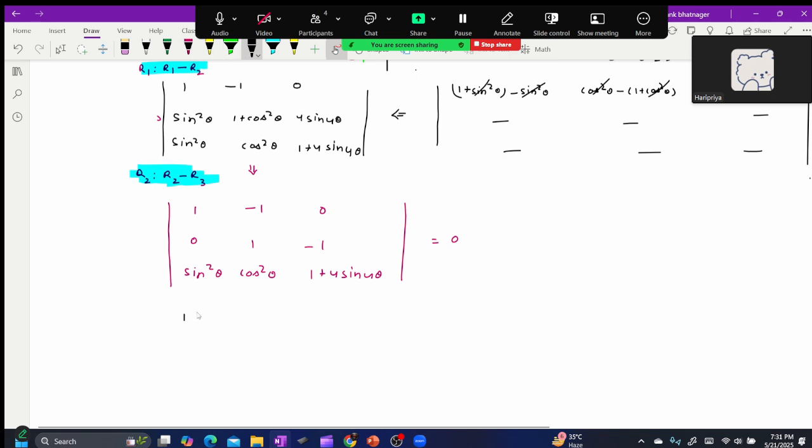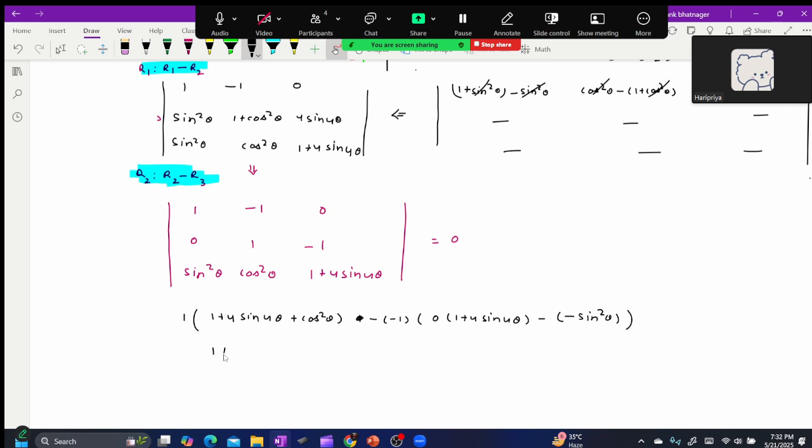Now see, 1 into (1 plus 4 sine 4 theta plus cos square theta) plus, now it will be minus of minus 1 into 0 into (1 plus 4 sine 4 theta) minus of minus sine square theta.